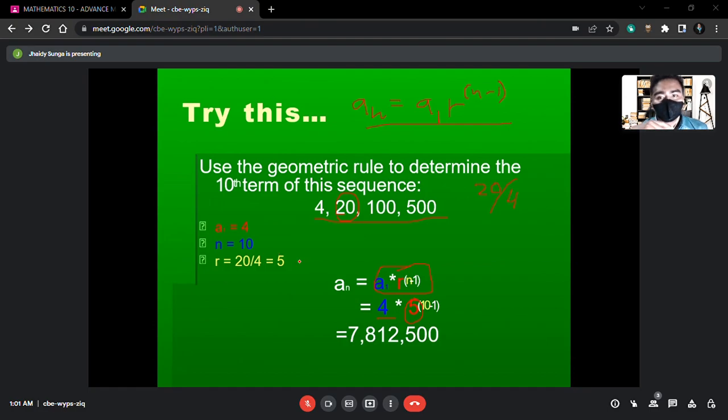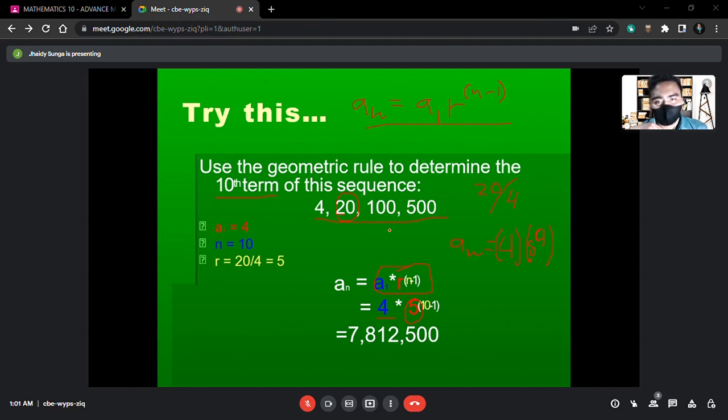So again, what is our n? To determine our 10th term, a sub n is equal to 4 times 5 raised to 9.